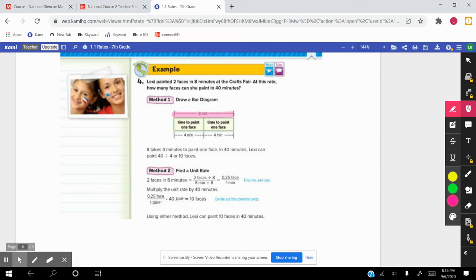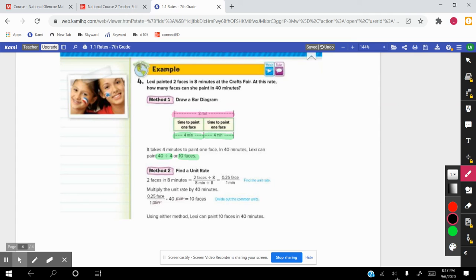So here's the total 8 minutes. In order to paint one face, it takes 4 minutes, and the second face takes another 4 minutes. So if it takes 4 minutes to paint one face, in 40 minutes Lexi can paint 40 divided by 4, or 10 faces.